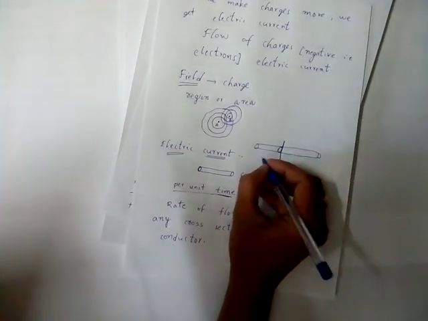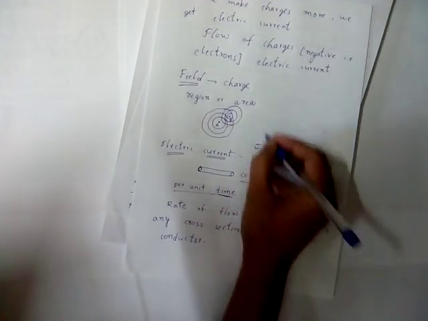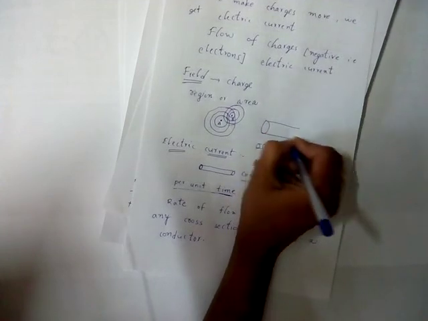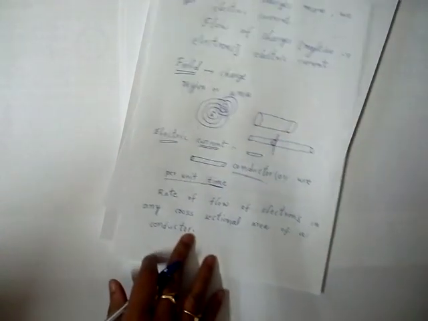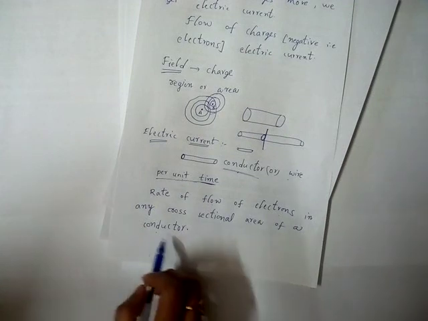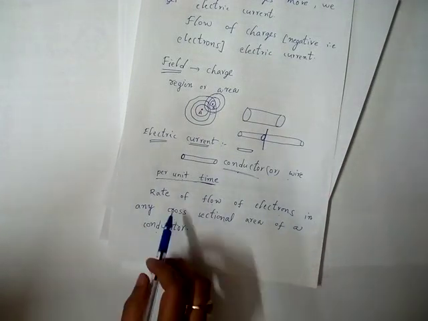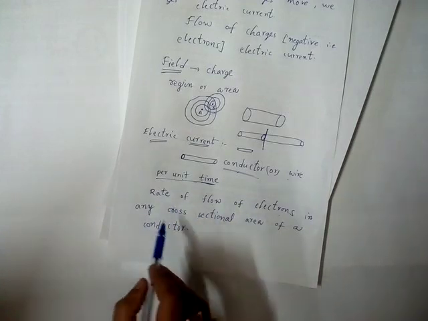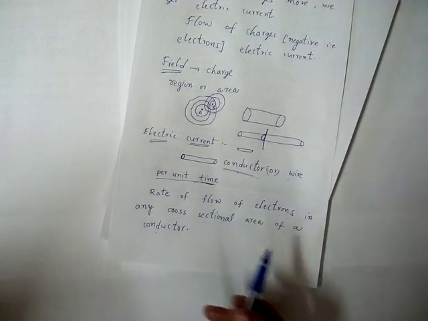Okay. So it can be any cross section. You can have very thin wire also, very thick wire also. The wire can be any size of its cross sectional area. It doesn't matter. But only thing is the flow of electrons per unit time, we call it as electric current.